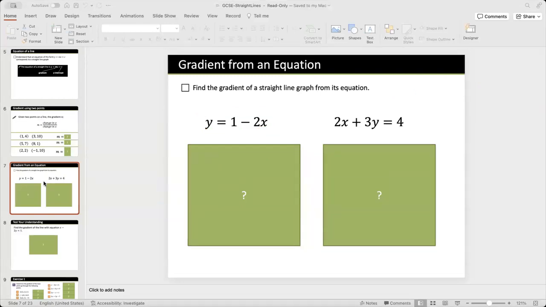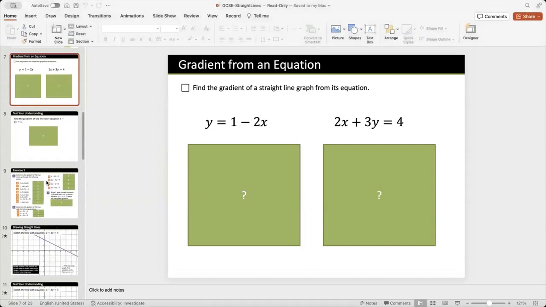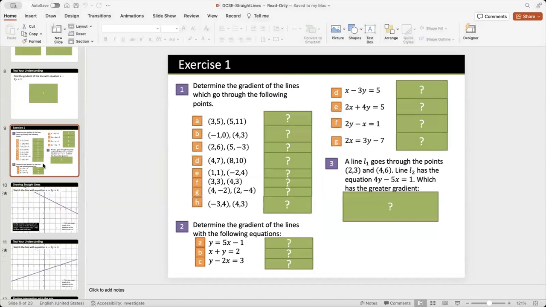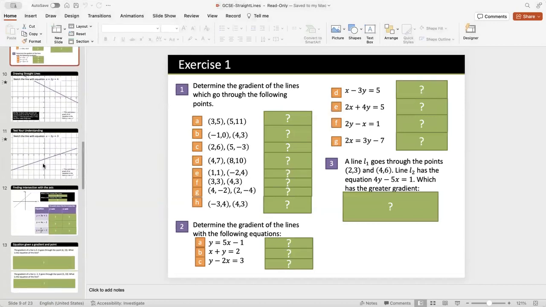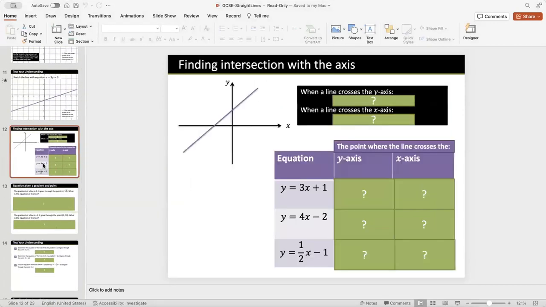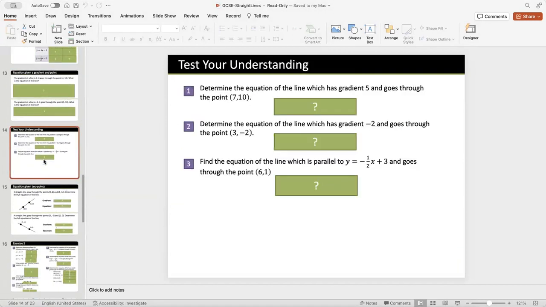And so they ask you to determine what's the gradient of the line that goes through this path. Determine the equation.